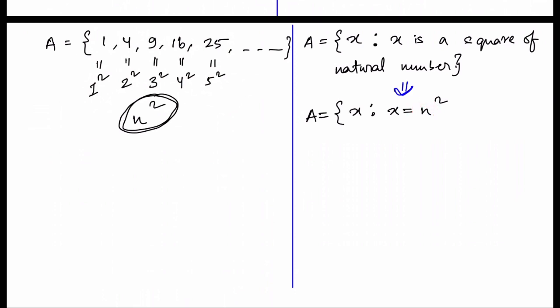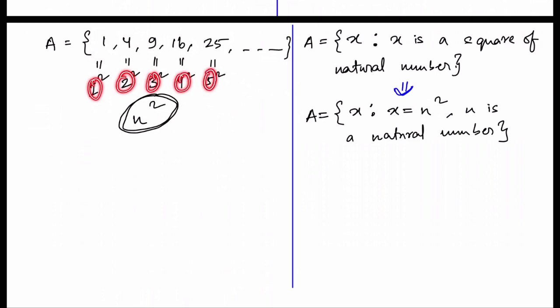Now we put a restriction on n: the only restriction is that n is a natural number. We don't need any other restriction because the elements go on, so there is no limit on the elements. The numbers are natural numbers, so we write that n is a natural number.